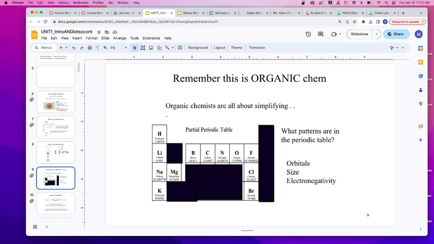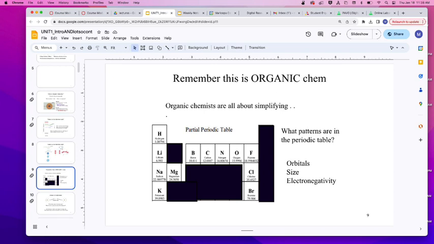Lewis theory was based off the simplest molecules first, so he started with effectively just the first 2 rows. And if we look at the number of columns within our first 2 rows, how many columns do we get? 8, which is where we get our octet rule.